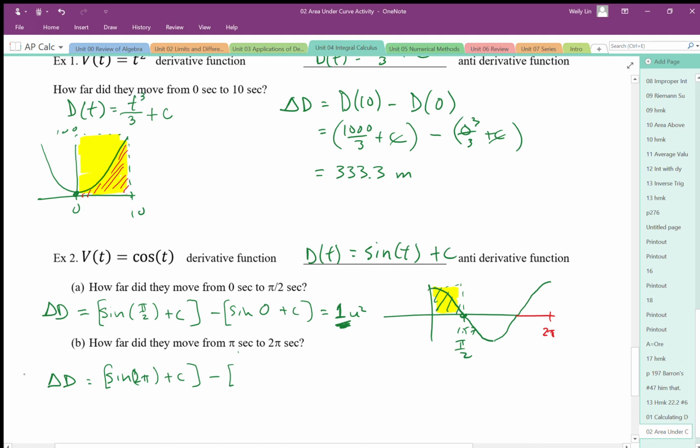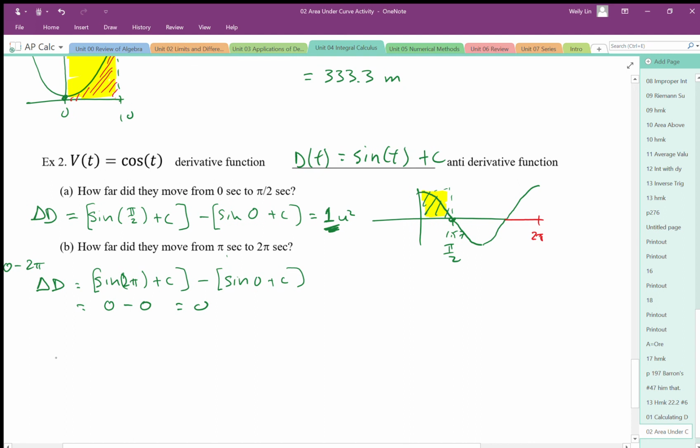So this is going to be from 0 to 2 pi. And then we'll do the part B after. So this is sine of 0 plus c. That's going to be 0 minus 0, which is giving us a net displacement of 0, which kind of looks correct. From start to finish, our net displacement looks like it's 0.